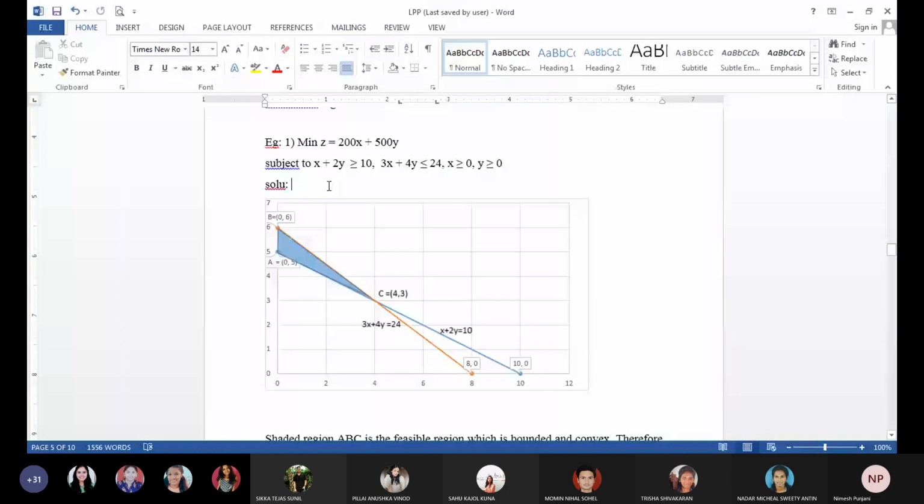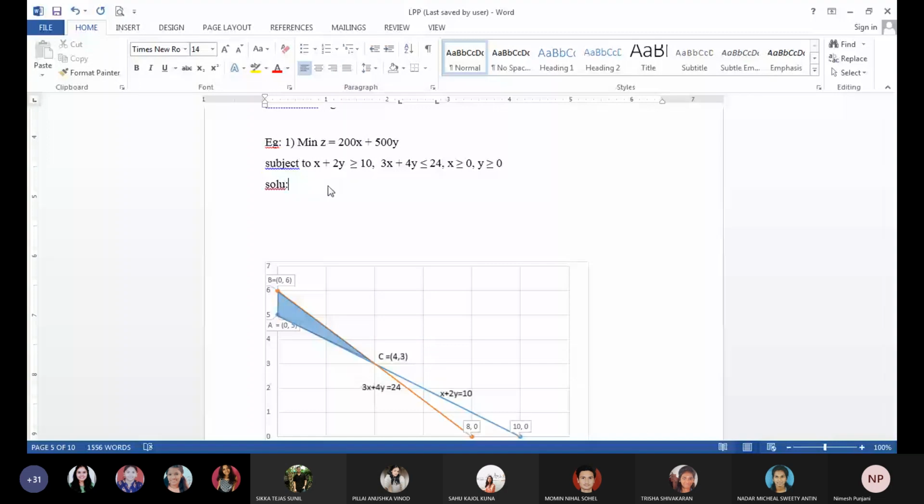So what does the first question say? We have to minimize the objective function z, which is given by 200x plus 500y, subject to the constraints x plus y greater than or equal to 10, 3x plus 4y less than or equal to 24, x and y both greater than or equal to 0.